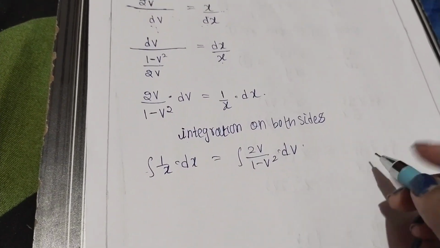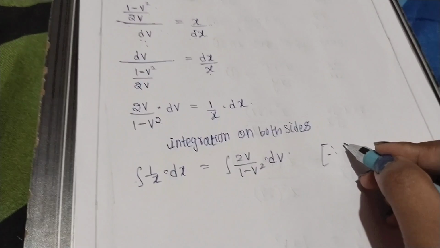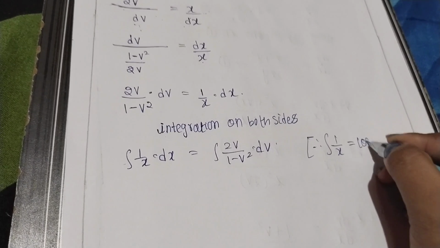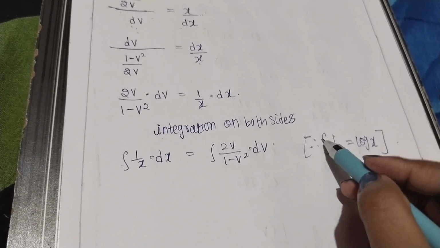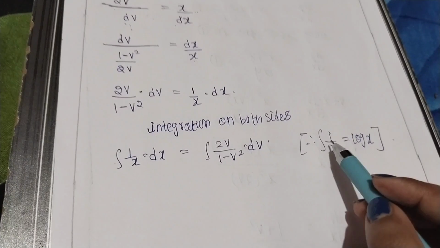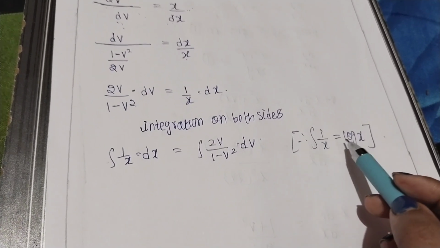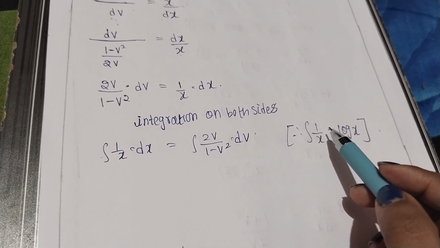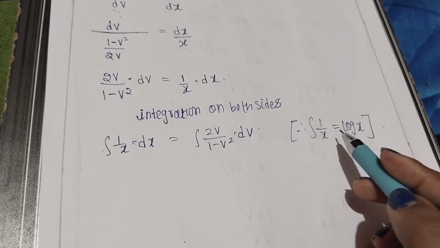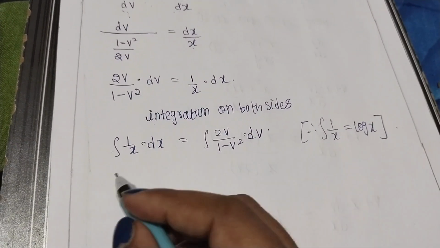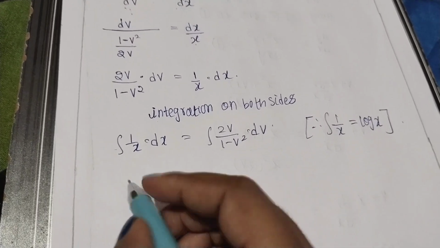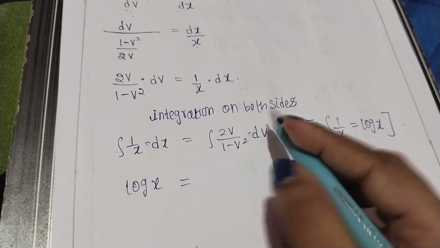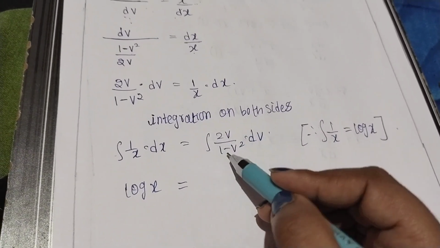Now from the previous problem we saw that the integration of 1 by x leads to log x. This is a formula which we need to learn, which I have posted in shorts. It was my first video, so take help of that to learn these integration formulas. Now let us solve the LHS part first. We do get log x, that equals, now let's sort this.